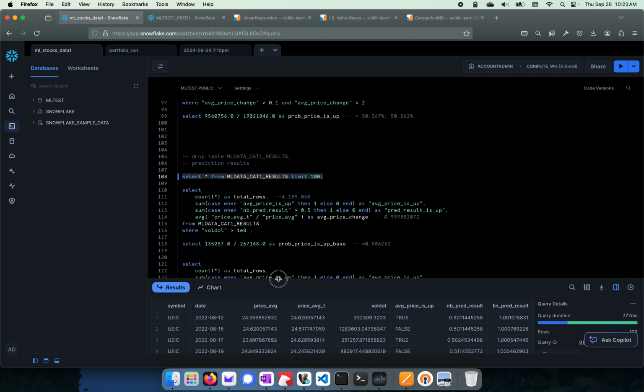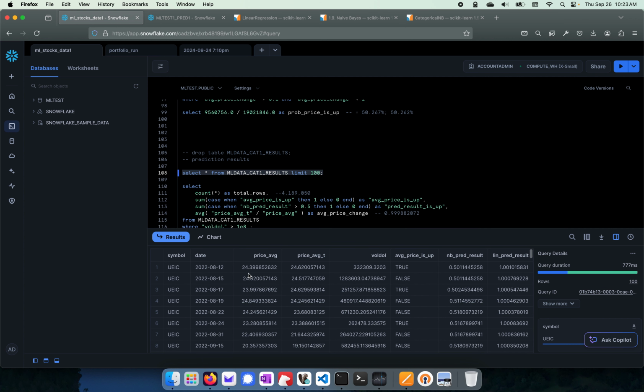And let's take a look at some of the sample data. So here we have the symbol, the date, the price that it was trading at today, the price that on average it's traded at tomorrow, the average volume that it traded yesterday, and here are our predictions: the naive Bayes prediction results, probability, and the linear prediction results.